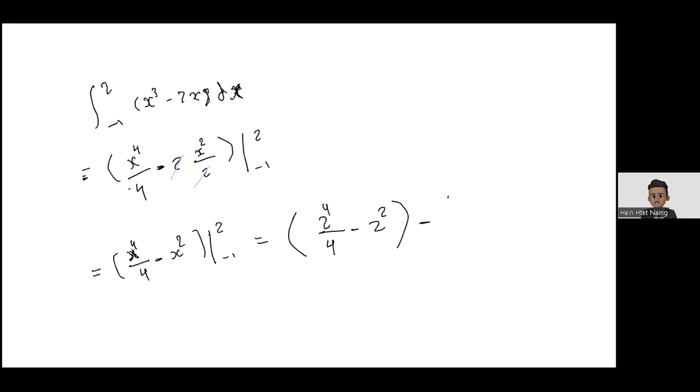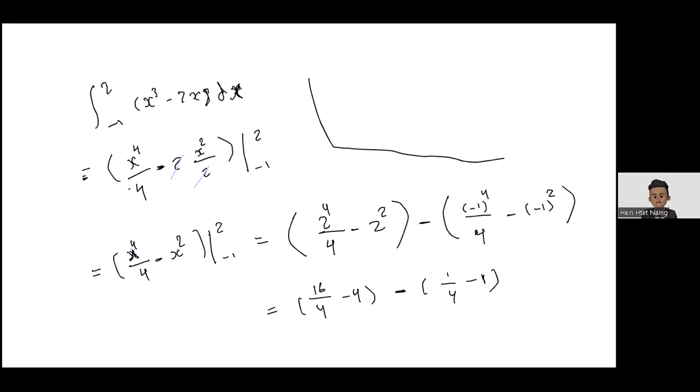Now the lower limit is minus 1 to the 4 over 4 minus minus 1, the whole squared. Okay, so this is the upper limit, this is the lower limit, right? So when we simplify this, it is 16 over 4 minus 4, and then minus 1 over 4 minus 1.